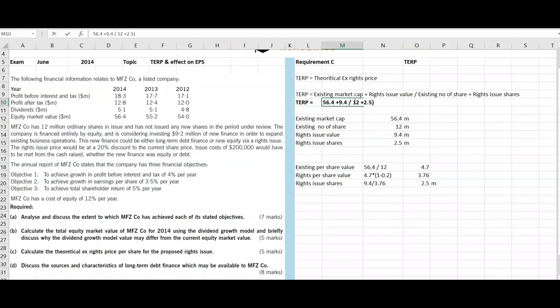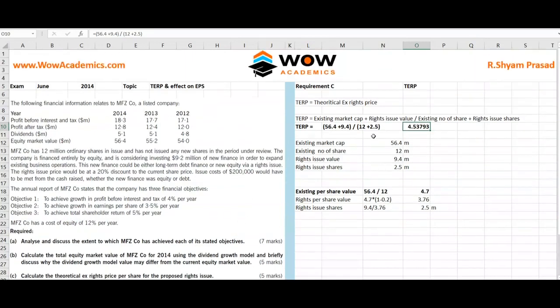We can add this together and solve it, and our TERP comes to 4.53. So the existing share price is 4.7, and after the issue of the rights shares, the share price will usually fall, and that would come to 4.53. So that's about the TERP. This kind of sum can come in for 2 marks also, so ensure that you understand how this works.